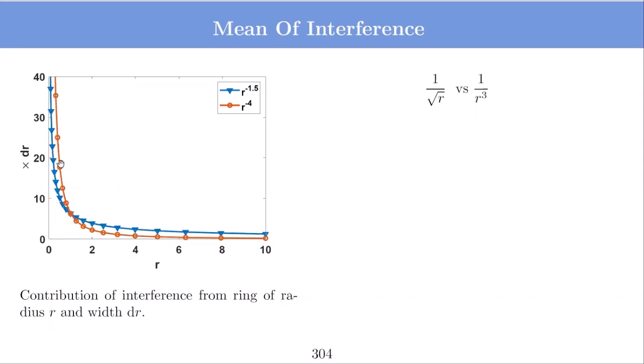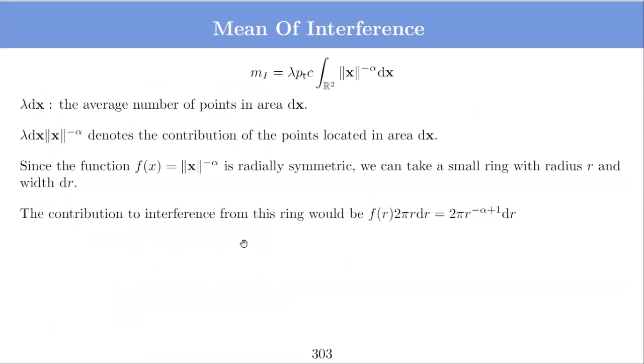The interference decreases fast, so the contribution is low even if you have more base stations. The factor 2 pi r dr shows that as r increases, there are more base stations in the ring.